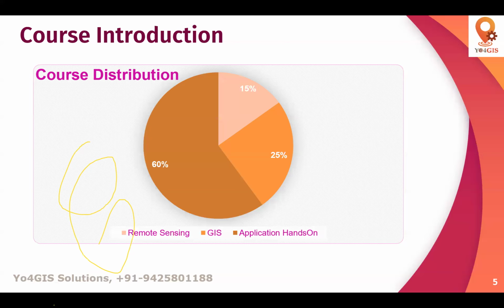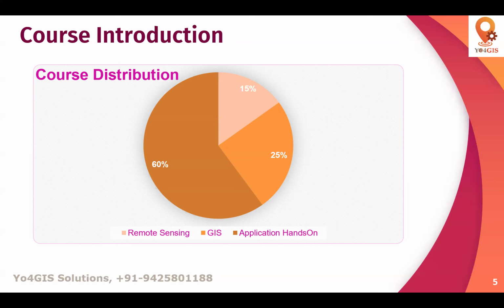So the course is basically distributed in mainly three parts: remote sensing, GIS, and application hands-on. As you know, without remote sensing, we cannot imagine GIS.